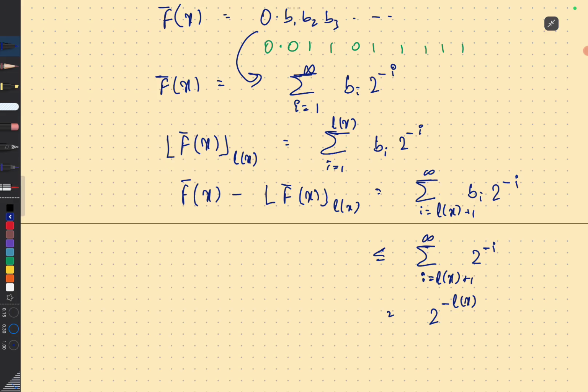Because the code word for a symbol x depends only on f bar of x and p of x.